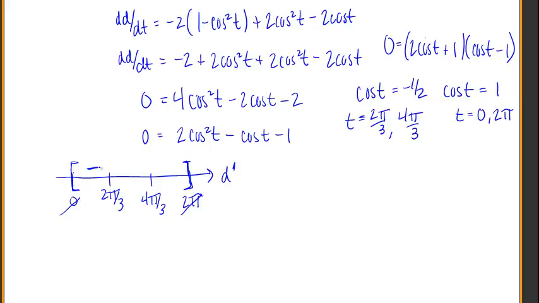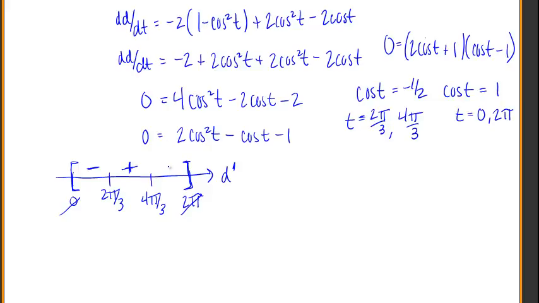Between 2 pi over 3 and 4 pi over 3, you've got pi, and the cosine there is negative 1. So if I plug in negative 1, square it, times 2, it'll be 2 minus a negative 1. So 2 plus 1 is 3, minus 1, that's definitely going to be positive.